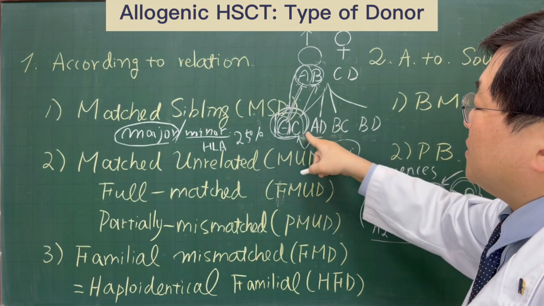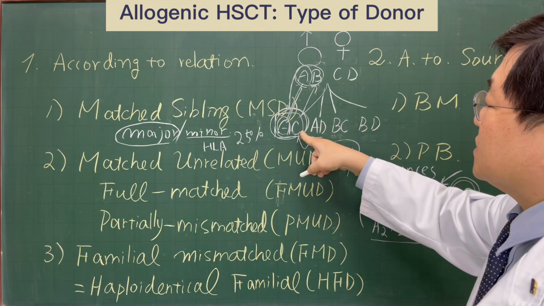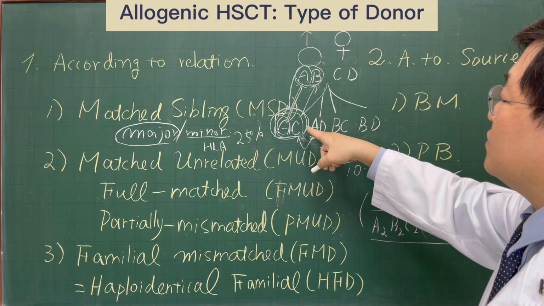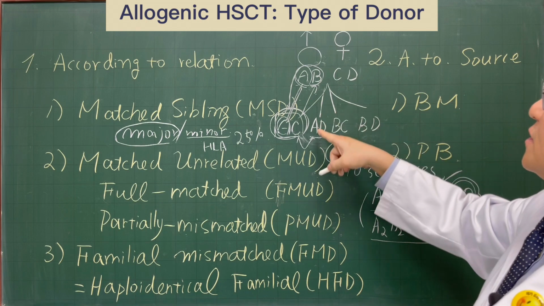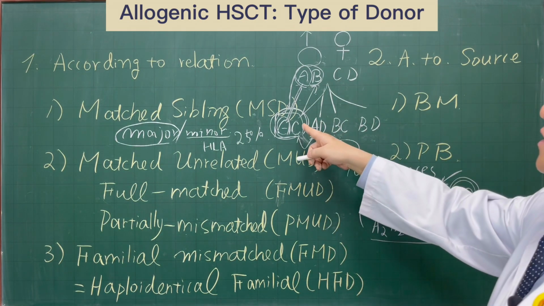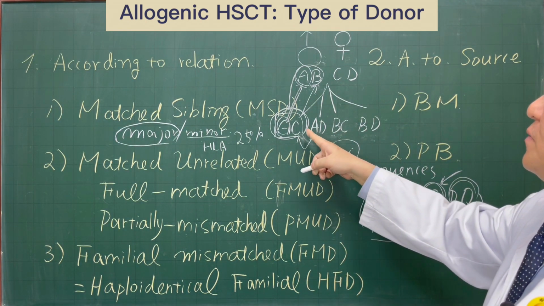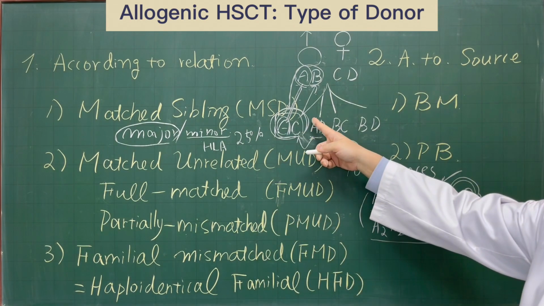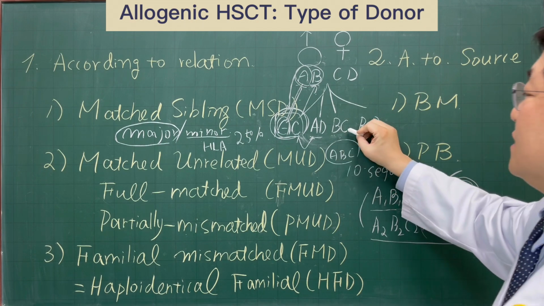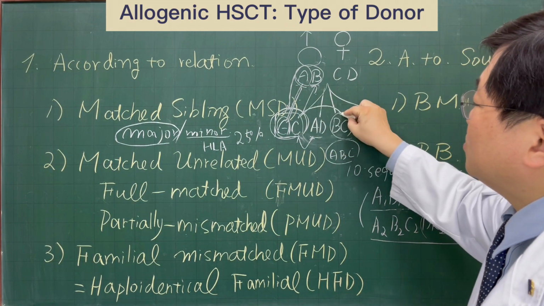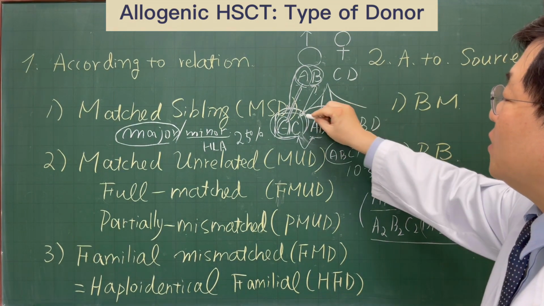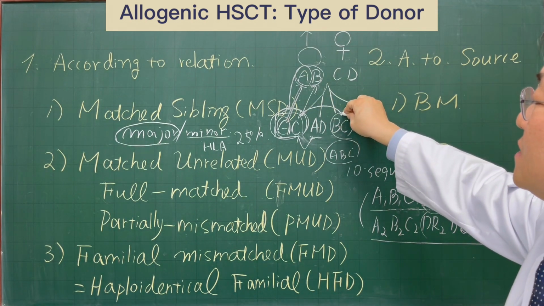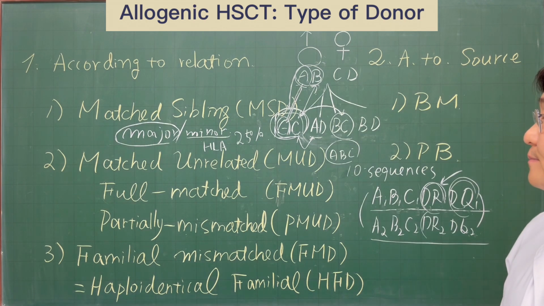siblings will have 50% identical genetic information, genetic sequence. So these two siblings will be identical haploidentically. These two offspring will also have 50% identical sequence, which means they are haploidentical.